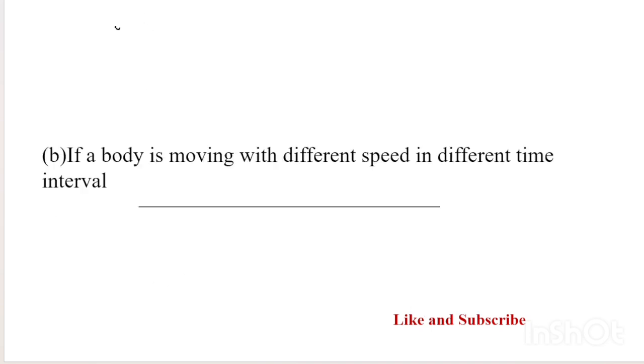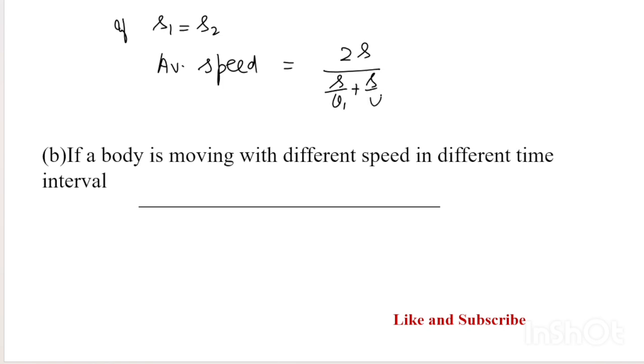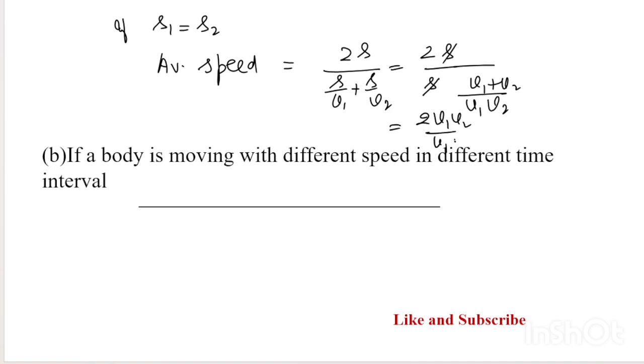If s1 equal to s2, then average speed is equal to 2s upon s upon v1 plus s upon v2. We take s common and v1 v2 LCM, then we get v1 plus v2, s cancels, so the formula will be 2v1 v2 upon v1 plus v2. So this is the formula for average speed.